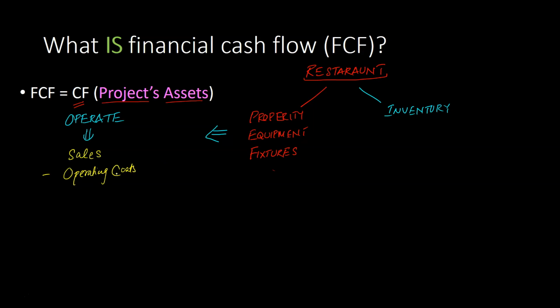My main point is this. When we say what is the financial cash flow that we are generating from an investment, what we're really saying is that, look, there are two sides to it. On the one hand, assets are going to be eating our money because this money will go into buying property, equipment, fixtures, inventory, and all that. But then all that investment eventually is going to help our operations, and this is where the money is going to come from.